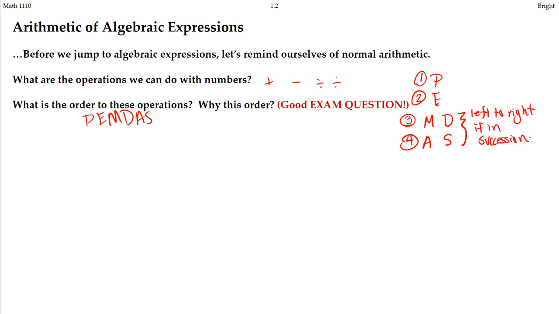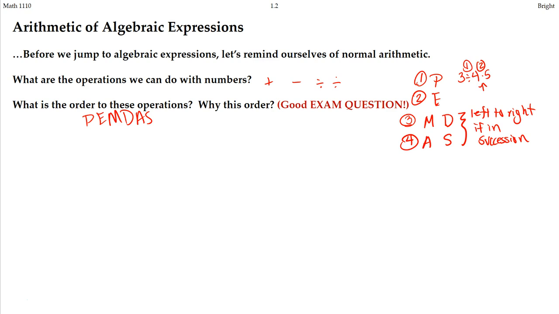So if you have multiplication and division, maybe like 3 divided by 4 times 5, you have to do the division before the multiplication because you're doing it left to right. We'll just write that down: 3 divided by 4 times 5. So this is first and this is second. You do not automatically jump to multiplication first.